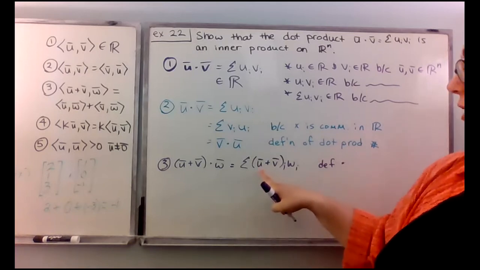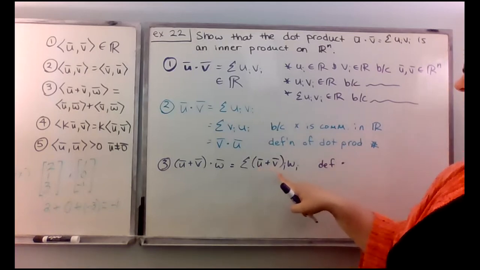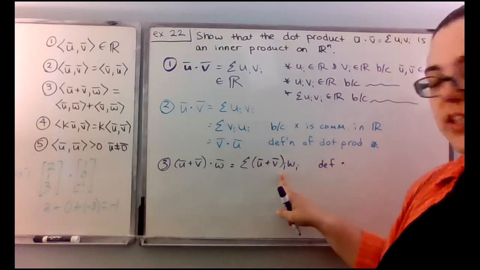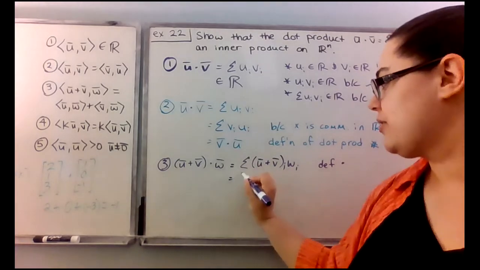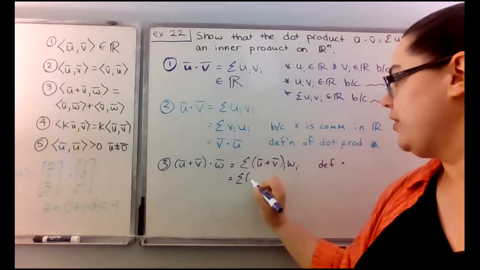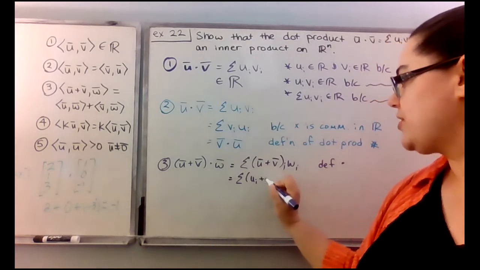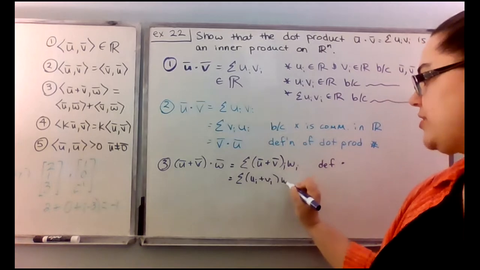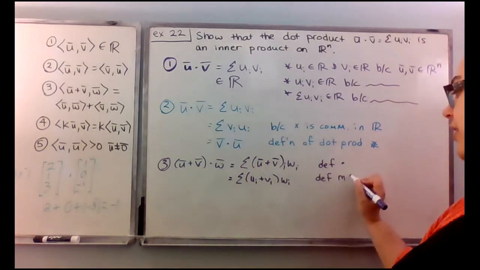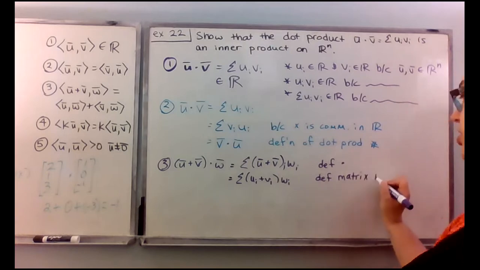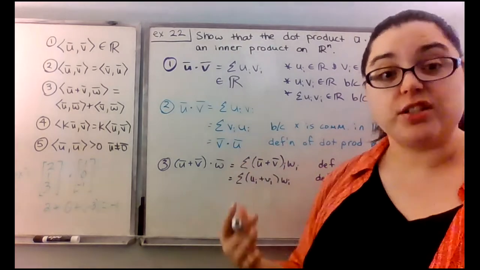Now, if I have two vectors, u and v, and I add them, the ith element of that is just the sum of those two ith elements. So this is the sum of ui plus vi times wi. And that's the definition of matrix addition, or just more broadly, addition in Rn.